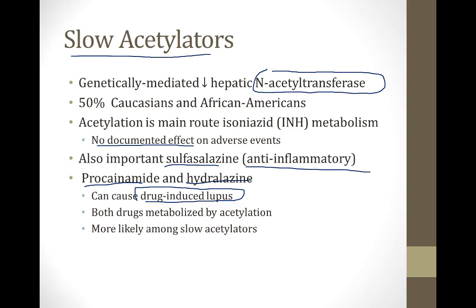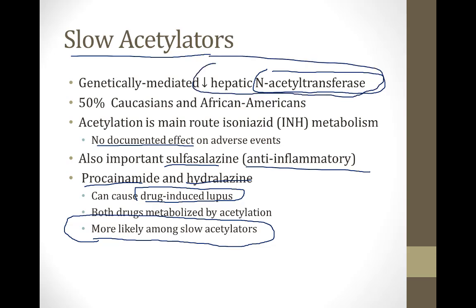And it turns out that drug-induced lupus is more common among people who are slow acetylators. Now, it's not clear what to do with this clinically. We don't go testing people for their acetylation rate before we administer one of these drugs. But certainly the fact that some people have decreased levels of these acetylation enzymes has some relevance in the cause of drug-induced lupus. And that concludes our module on drug elimination.